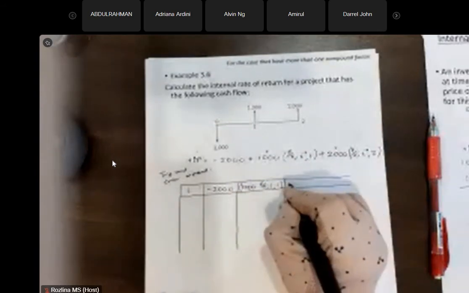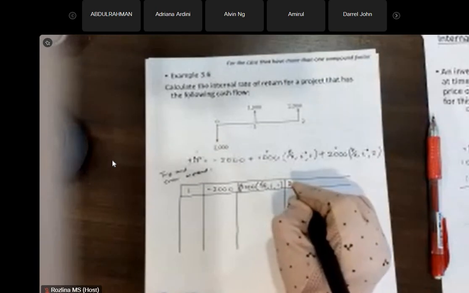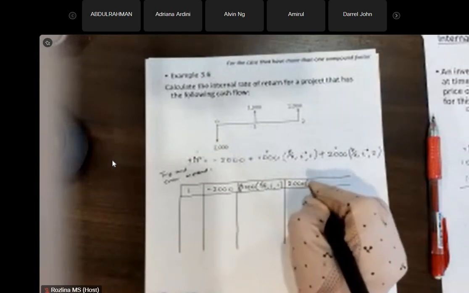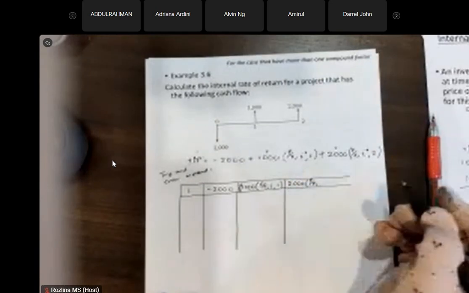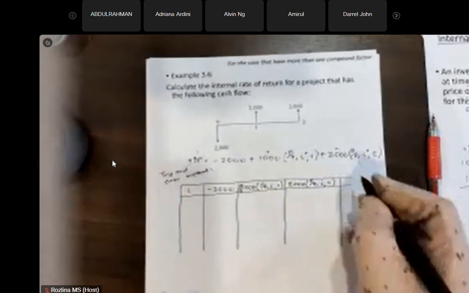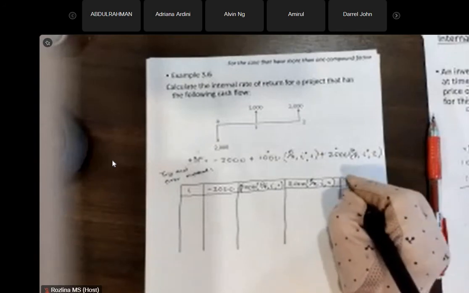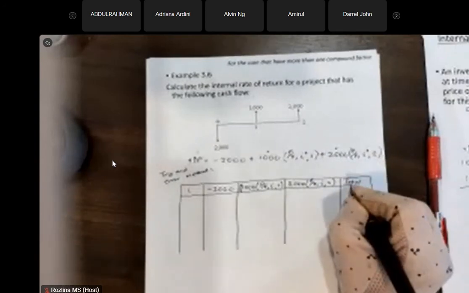And then you have 2,000 P over F I 2. Okay, then this one is the total.